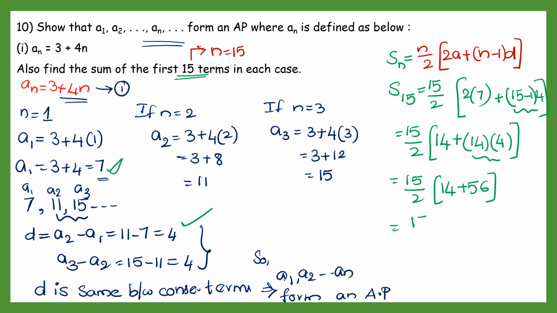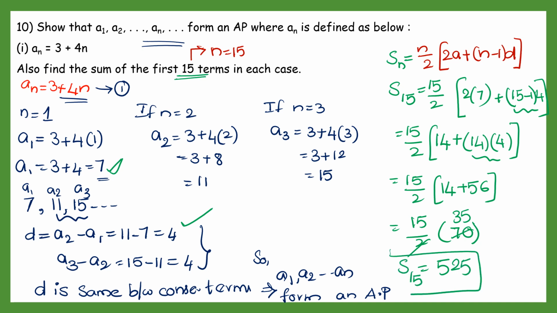So, 15 by 2 into 56 plus 14 you get 70. 2 ones are 2, 35s. So you get 15 into 35. 15 3s are 45. 450 plus 75. So we get 525. So sum of the 15 terms of the arithmetic progression is 525.